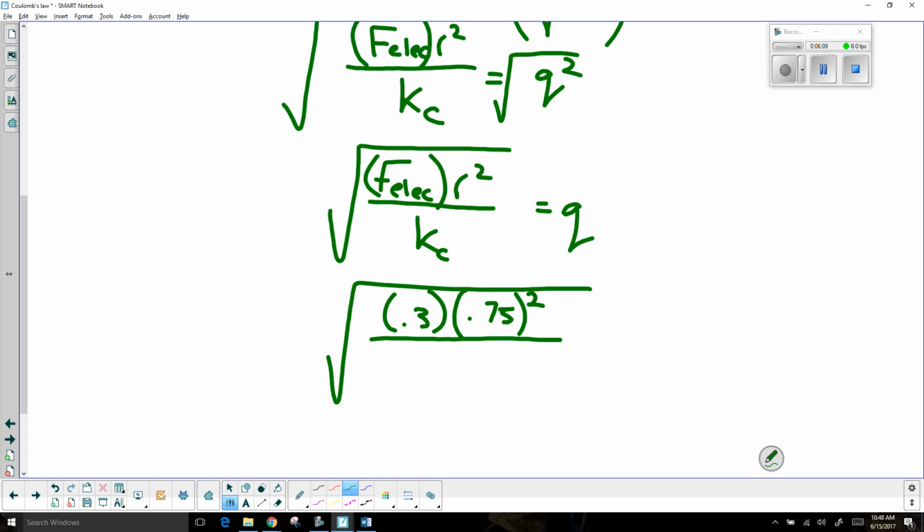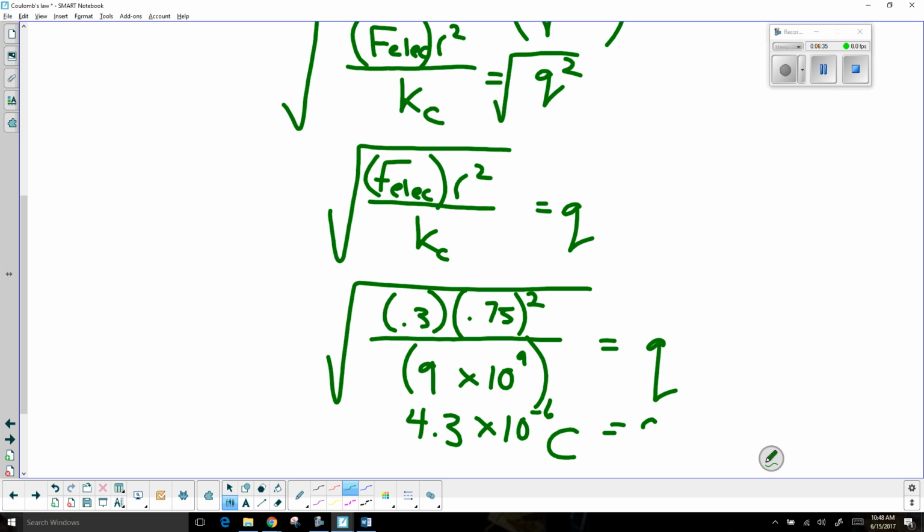And then I'm just going to round Coulomb's constant to 9 times 10 to the 9th, equals Q. And when I solve here, I should find that the charge on each of these particles should be 4.3 times 10 to the negative 6 coulombs.